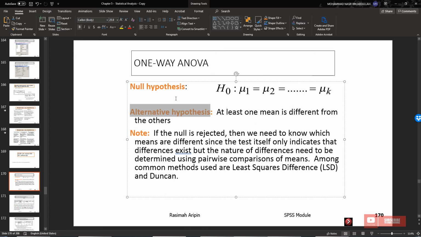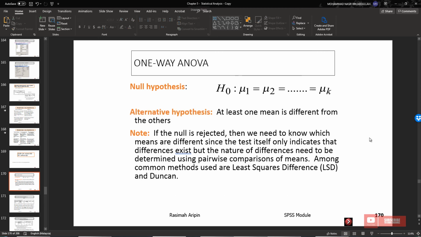So if we detect a difference in the mean, we need to do a post-hoc test, meaning we want to identify what the differences are between the groups. So we're going to use post-hoc tests such as least square difference, LSD, Duncan test, Tukey test, Bonferroni test, and many more. Right? You can choose any one.